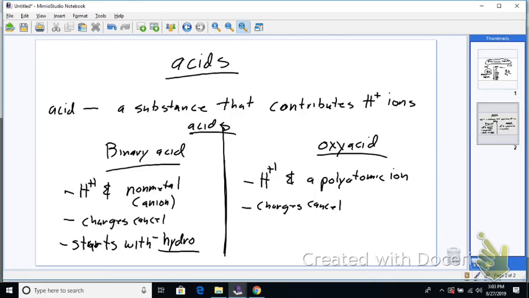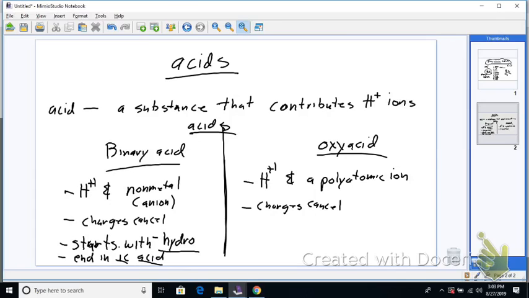So binaries have H out in front. We recognize it. If we put the formula together from the name, the charges cancel. Acids start with hydro. So what do they end in? Well, these are going to end in ic acid. So binary: hydrogen out in front, charges cancel. If we name them, they start with hydro and end in ic acid.